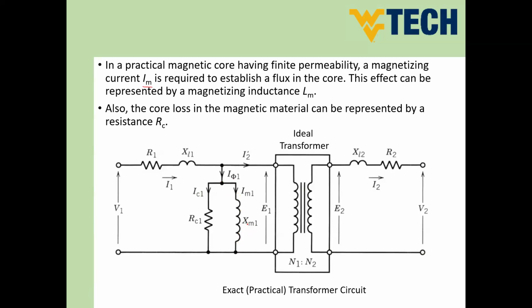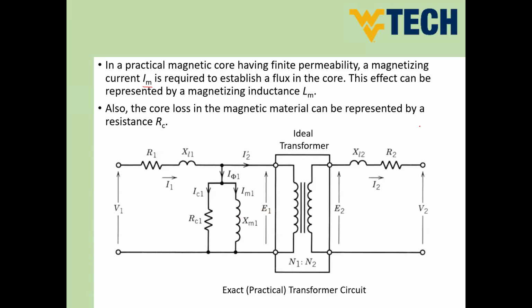And at the same time, guys, for any core, as we also discussed in the magnetic topics, we have what's called eddy current loss and hysteresis loss. The summation of these two losses is referred to as core loss. So in order to represent the core loss as well in our transformer, we represent this by a resistance.